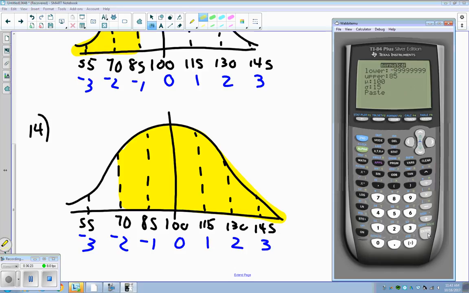Yes, as long as I put in the correlating information, standard or non-standard, I have to be consistent. Okay? So my lower, we can put in as 70, or we could put -2, either one. So what's my upper going to be? 9999999. I'm going to positive infinity. And because I used the non-standard scores, I'm going to leave mu at 100, and I'm going to leave my standard deviation at 15.